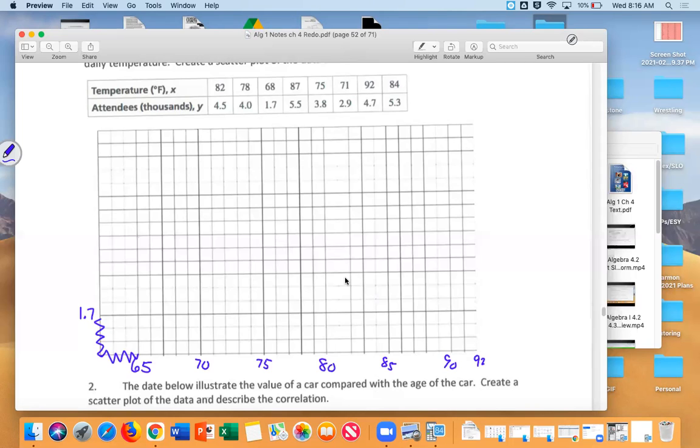So maybe I count by 0.2, right? 1.7, 1.9, 2.1, 2.3, 2.5, 2.7, 2.9, 3.1, 3.3, 3.5, 3.7, and so on.